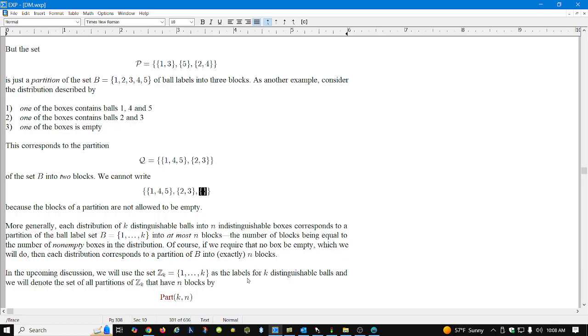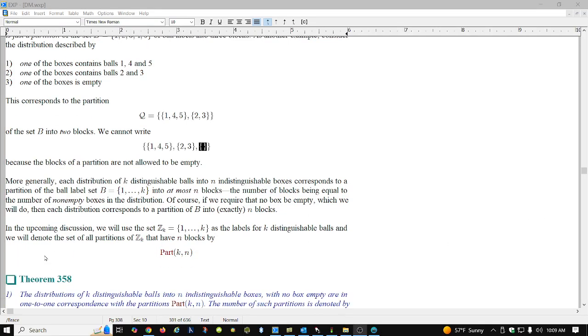So it's got to be at least 1, but it can be at most n. If we require that no box be empty, which we're going to do, then each distribution corresponds to a partition of the ball label set into exactly n blocks.